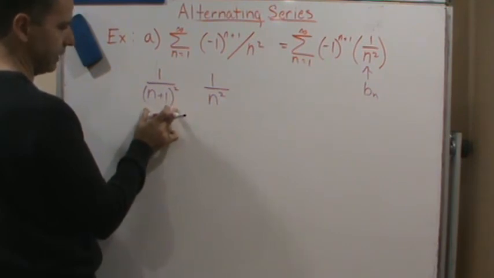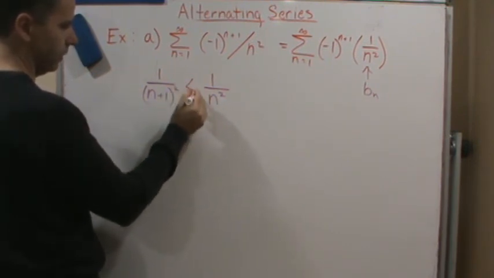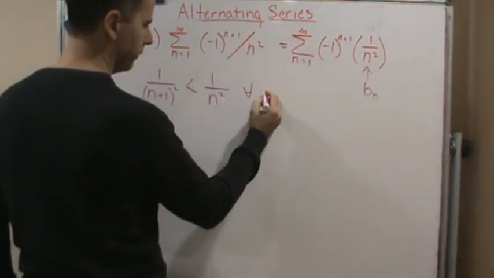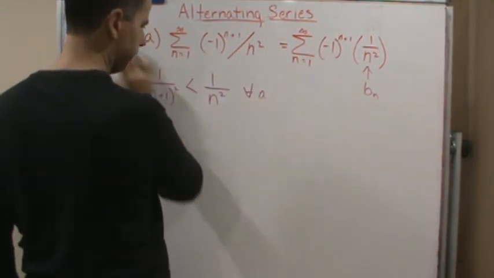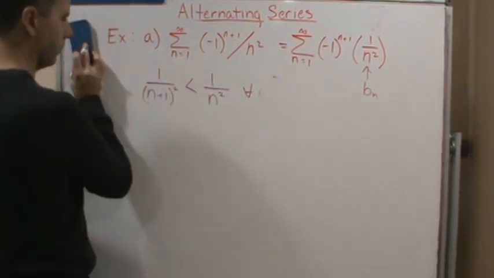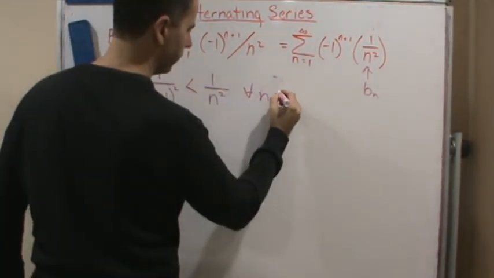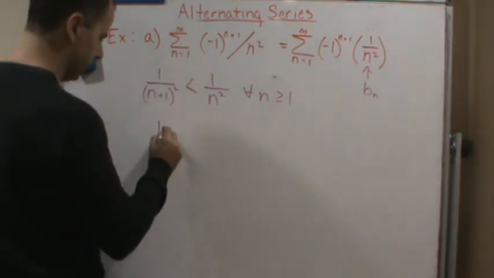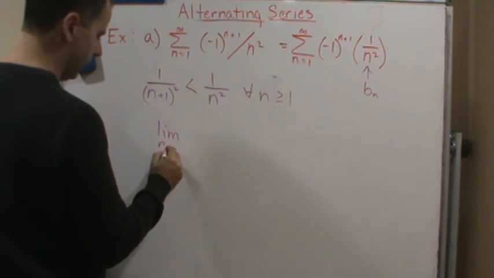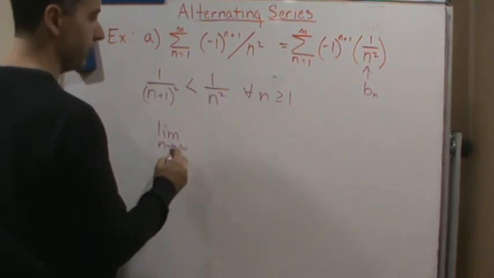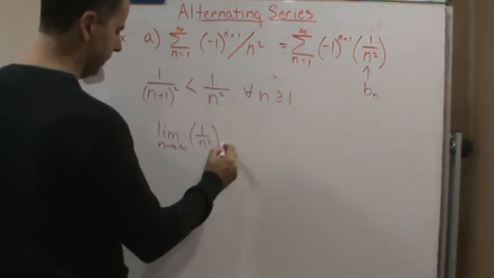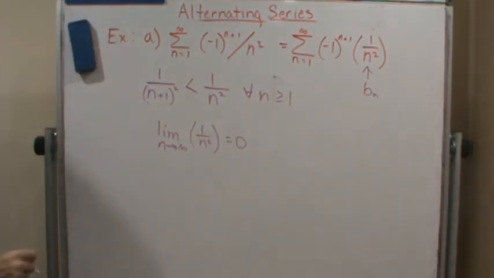We can see obviously that this is less than that, and that's true for all n greater than or equal to 1. So we got that. And it's obvious that if we take the limit as n approaches infinity of 1 over n squared, that equals 0.